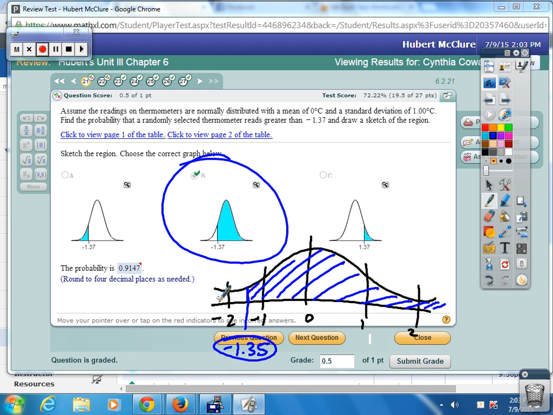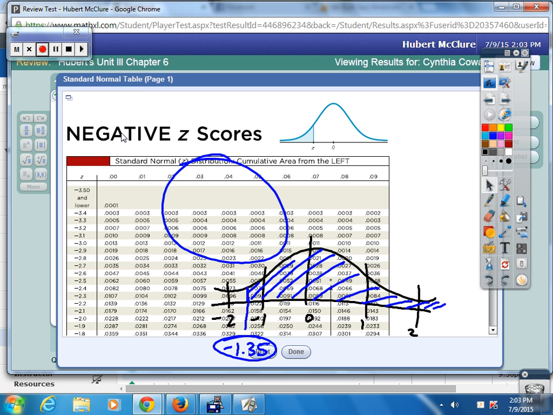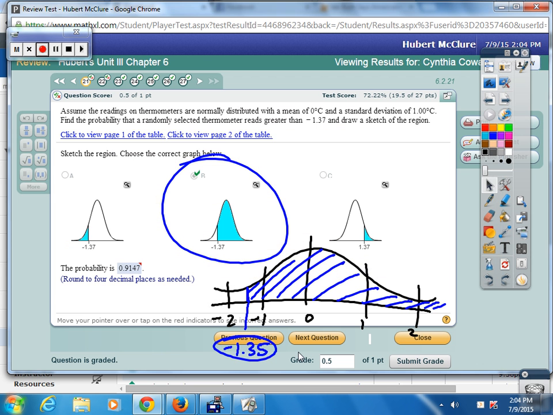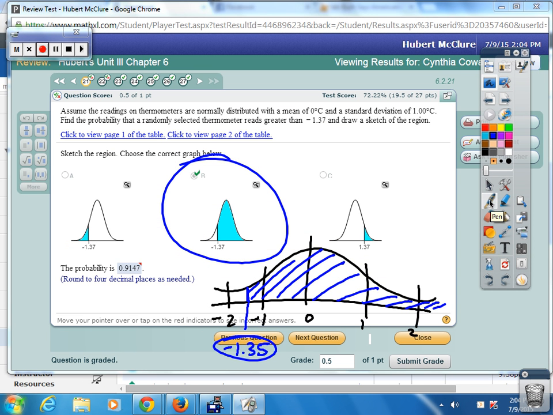So, negative 1.37. Negative 1.3, 0, 1, 2, 3, 4, 5, 6, 7. I got 0.0853. So this area is 0.0853.